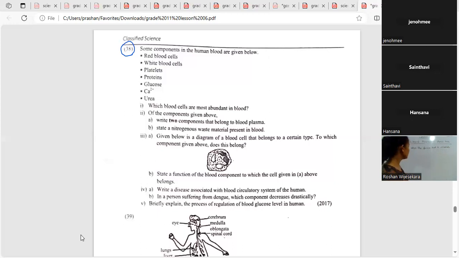Insulin is secreted by the pancreas, especially by the islets of Langerhans.